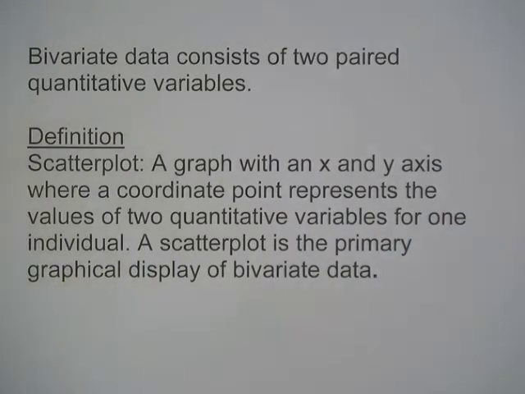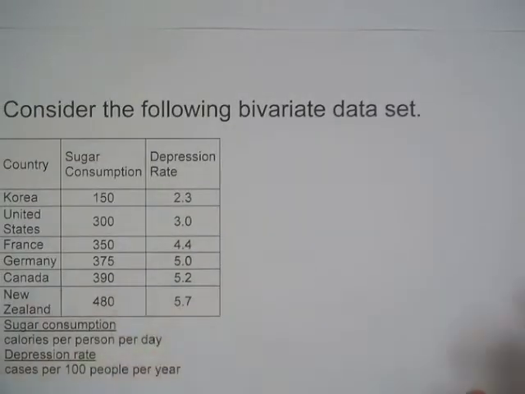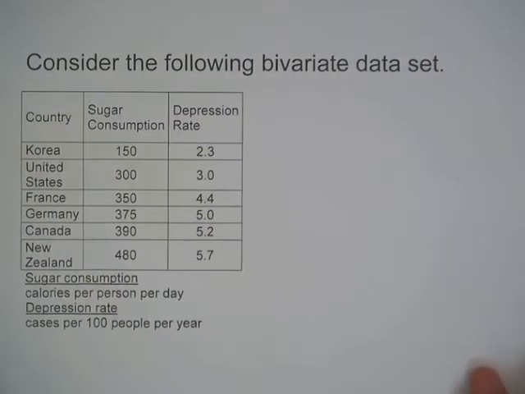Now, a scatter plot is a graph with an x and y axis where a coordinate point represents the values of two quantitative variables for one individual. A scatter plot is the primary graphical display of bivariate data. So let's actually look at some bivariate data and make a scatter plot.